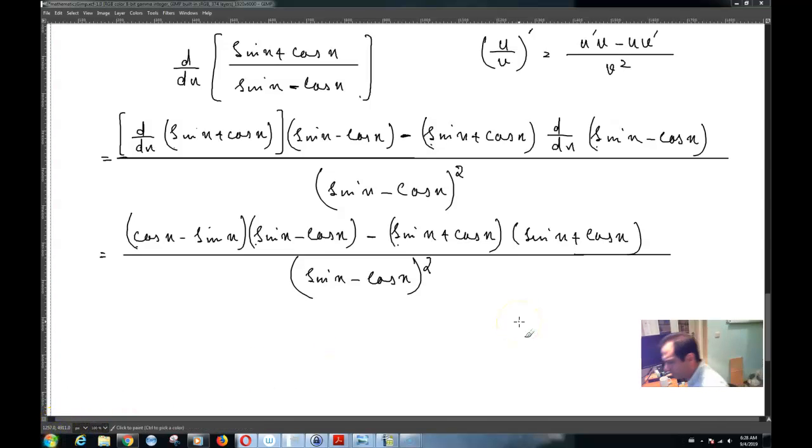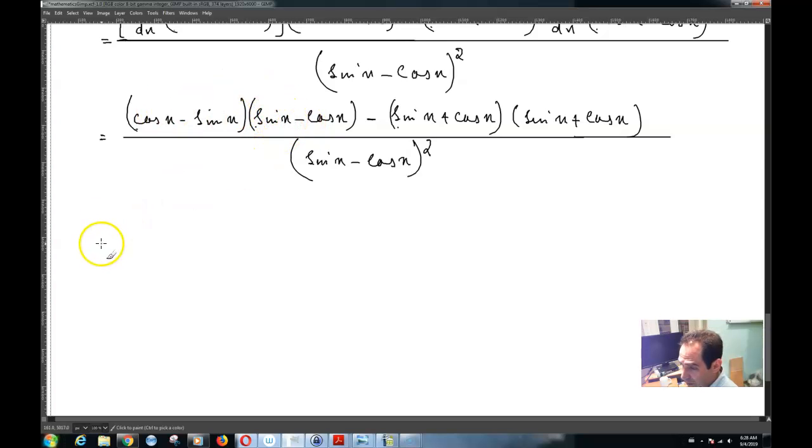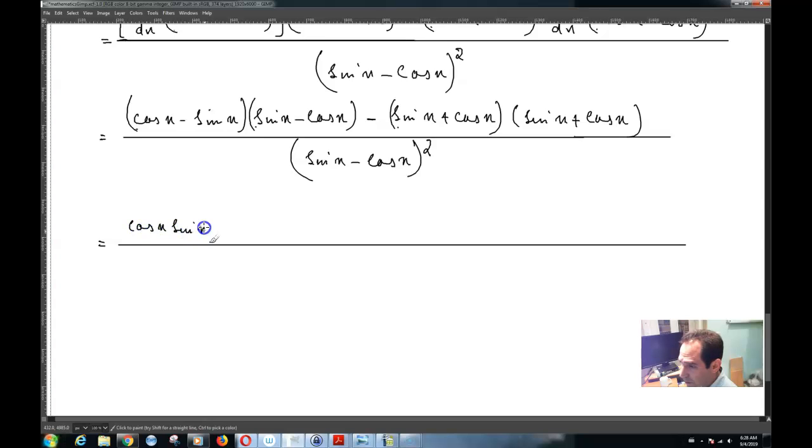Now what we have here is cos x sin x minus cos squared x minus sin squared x minus sin squared x plus sin x cos x, and then over here you have negative sin squared x, negative sin x cos x.